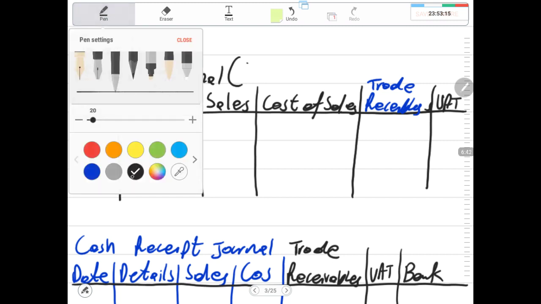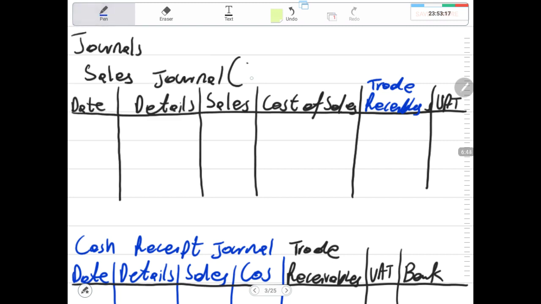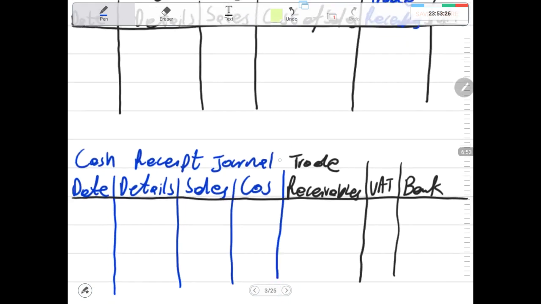credit sales. That means everything that we sell on credit gets to be recorded in this journal. All the credit sales are recorded here. And under the cash receipt journal, we are recording all the cash sales. That means whenever we sell something for cash, and we receive money, this will be recorded here.